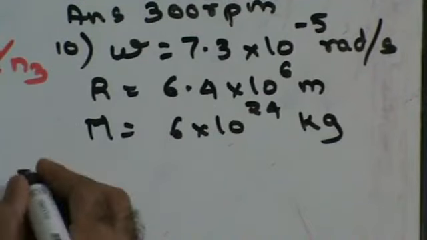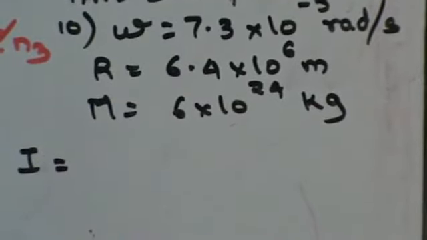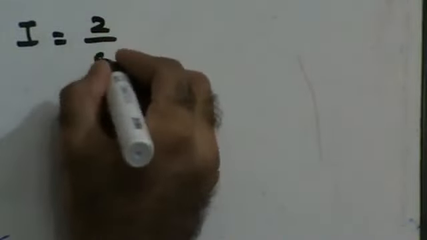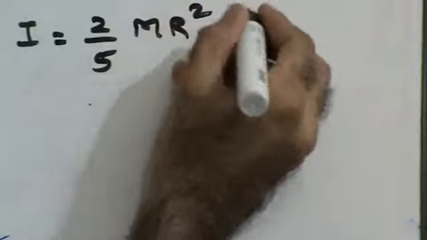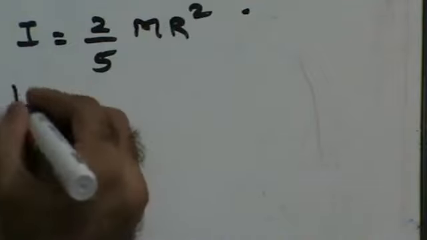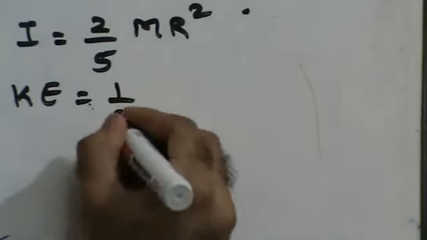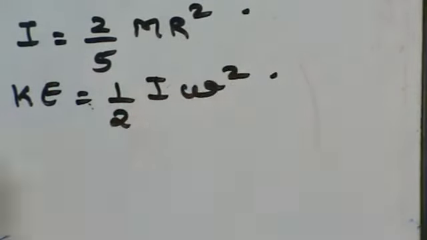Now, first let's find out the moment of inertia of the earth. Since the earth is a sphere, I can say that moment of inertia of the earth will be nothing but 2 upon 5 mr square. Once I know the moment of inertia of the earth, the next thing they have asked me to find out is kinetic energy. Kinetic energy is half I omega square.